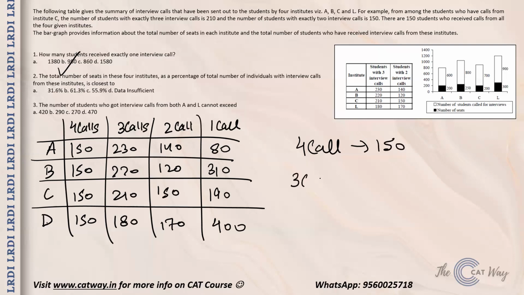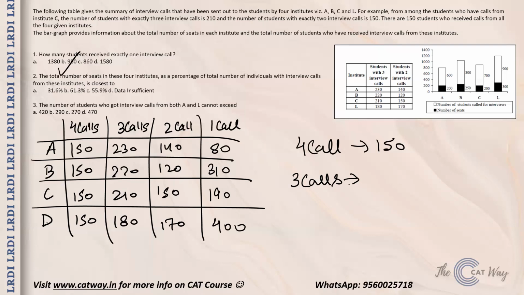When you talk about 3 calls, for A you have been given 230 people who have been given calls from 3 institutes in total, that is A plus 2 other institutes. Let's say there is a person Bhalinder who has been called for A, B and C. So that person will be counted in A's 3 calls, that is, that person got 1 call from A and he has got 2 more calls, so he is falling into the 3 calls range.